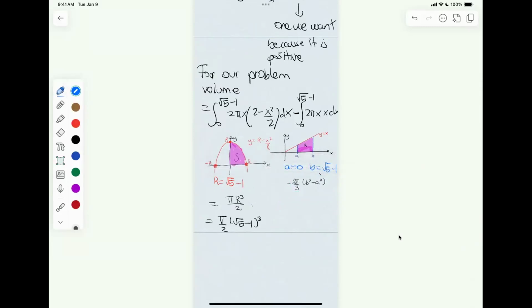That was the volume. And for these particular values, it gives you 2 pi over 3 root of 5 minus 1 cubed, right? And so those are the two numbers that you're subtracting.